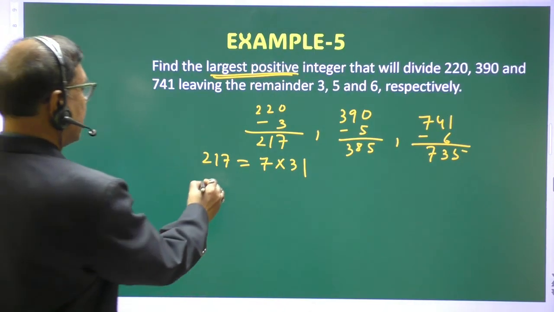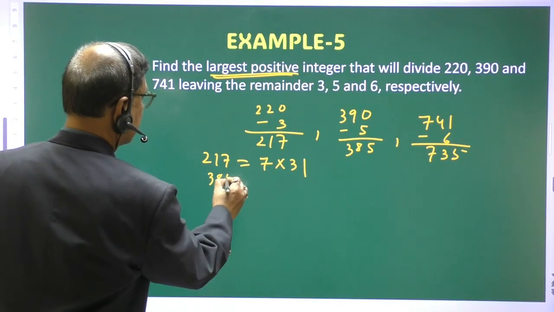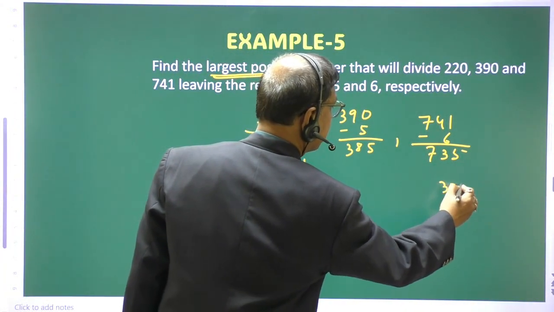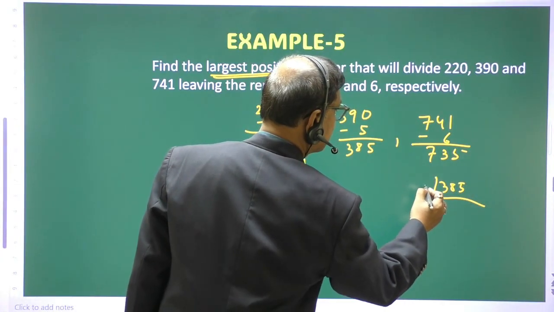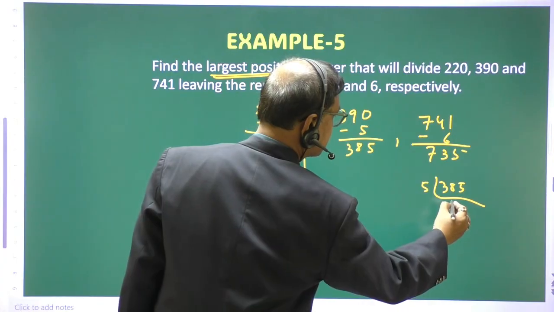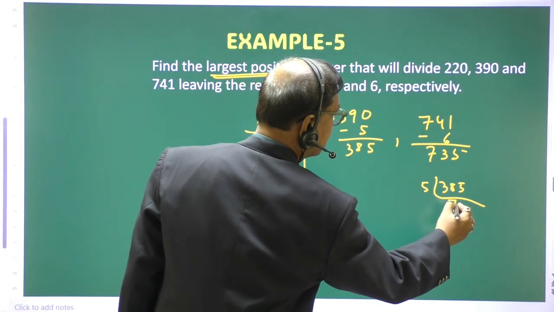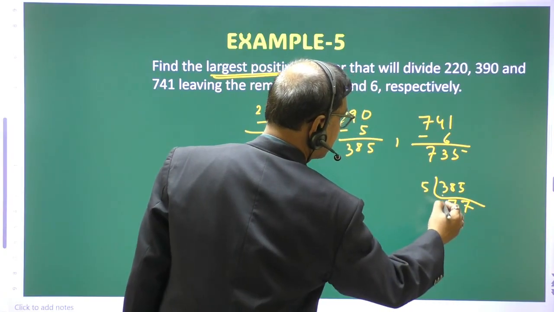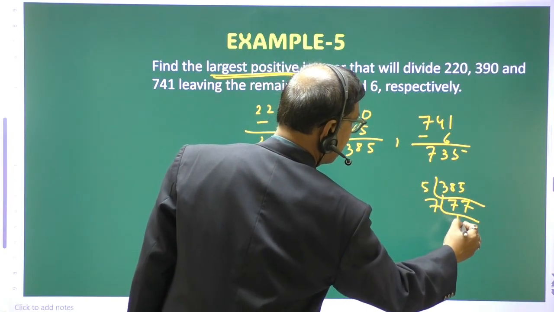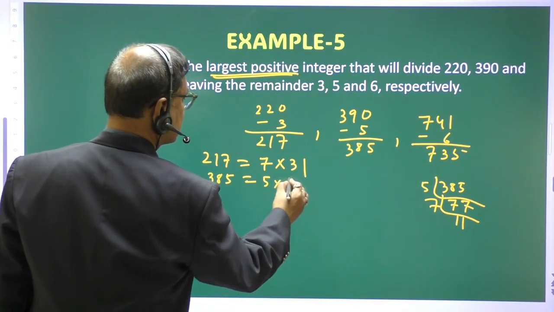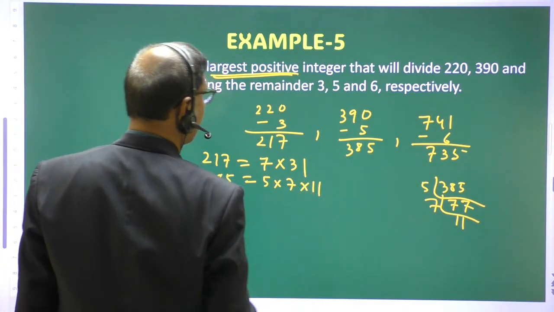Next, 385. So find the prime factors of this number. So first give 5, 7, 35, 3 5s are 35. Now 7 and 11. That means 5 into 7 into 11.